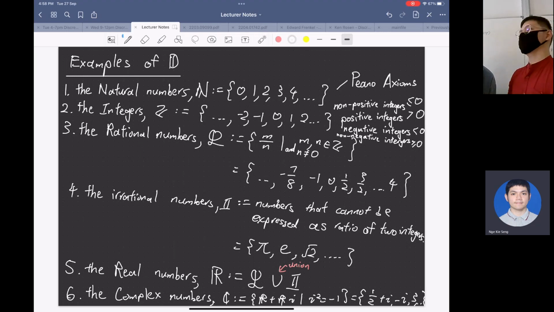So if you want, maybe you can try to figure out how to represent it. Can try.